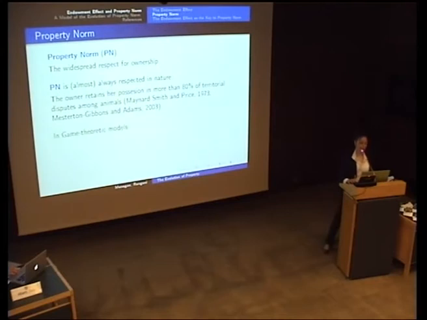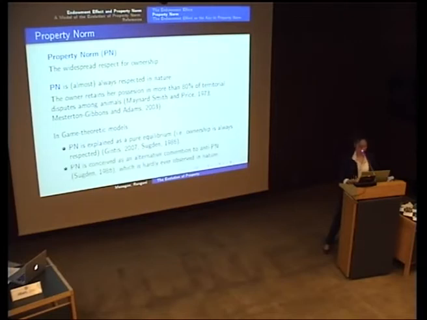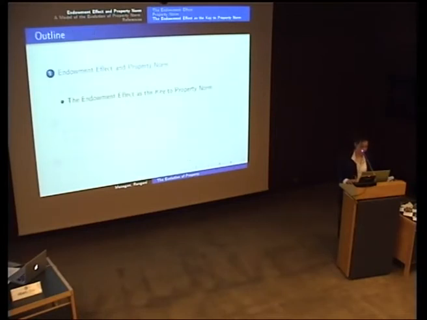In game theoretic models, property norm is explained, first of all, as a pure equilibrium, which means there isn't any fight, and property is never stolen. And it is conceived as a convention alternative to anti-property norm, which is the state of affairs in which property is always stolen, and which is hardly ever observed in nature.